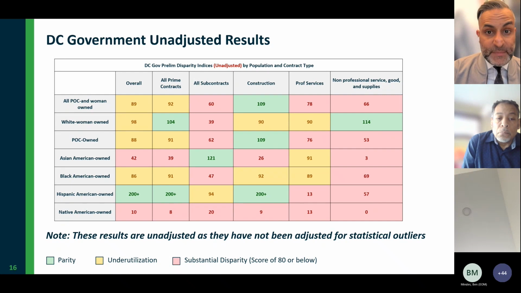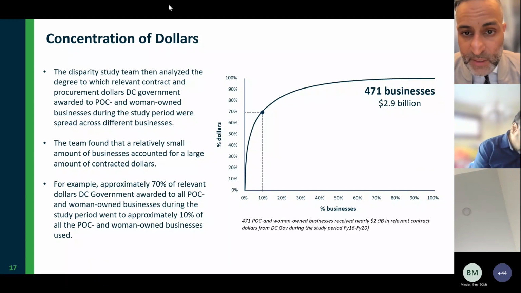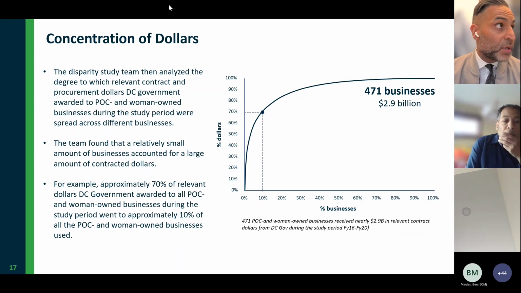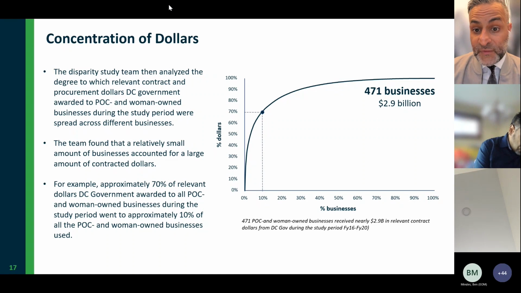Now, one important aspect of the data is how it's concentrated. One thing we're interested in looking at, as we are in all our disparity studies, is whether all POC and woman-owned businesses are enjoying success equally or across the board, or whether the majority of dollars going to POC and woman-owned businesses are concentrated with relatively few firms.